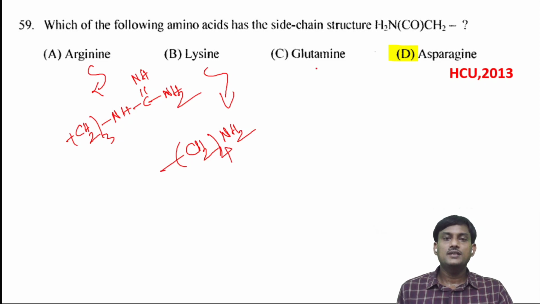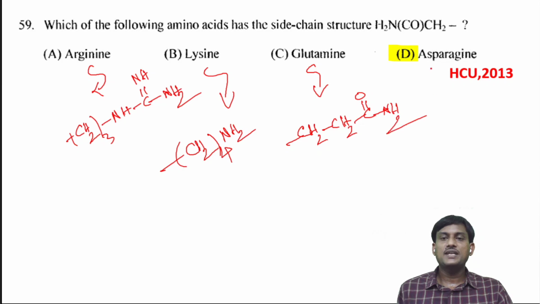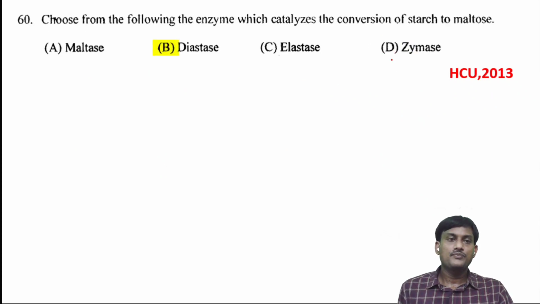This is the side chain. And glutamine consists of CH2, CH2, CONH2. And asparagine consists of one CH2 only, and CONH2. This one is also an amide. So what is the correct option? In asparagine, this is the side chain.